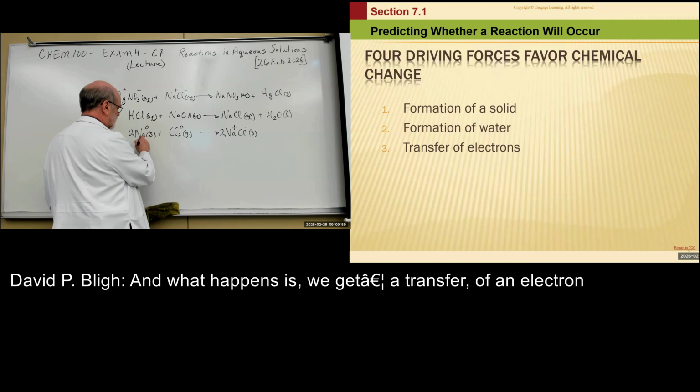All right. And then we have lead interacting with phosphate. So this lead 2 plus is interacting with phosphate 3 minus. So how do we balance that one? Well, we cross multiply. Put the 2 over here and put the 3 over there. And we find out from our solubility chart that that one is the solid. There's your solid right there.